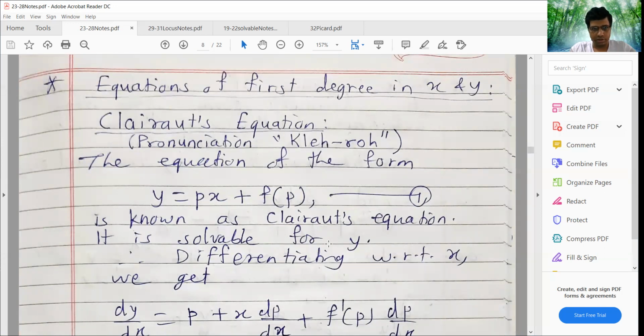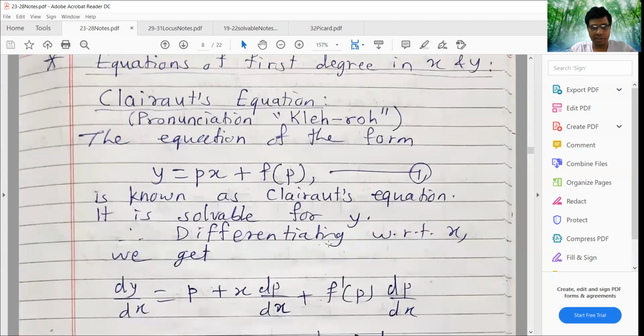Now this is an important equation, Clairaut's equation, which is of the form y equal to px plus f of p. Here the solution is very simple. Simply replace p by an arbitrary constant. So your solution will be y equal to cx plus f of c.